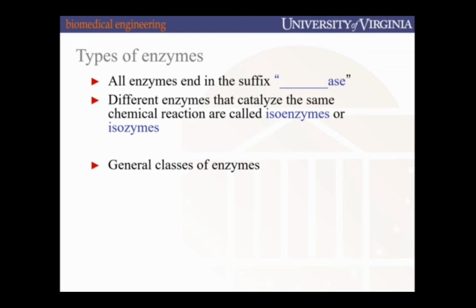Let's go over a couple general classes of enzymes now. Proteases and peptidases catalyze the hydrolytic cleavage of peptide bonds. Proteases cleave proteins into peptides, and peptidases cleave peptides into amino acids. We'll talk about SARS-CoV-2 proteases at the end of lecture today.